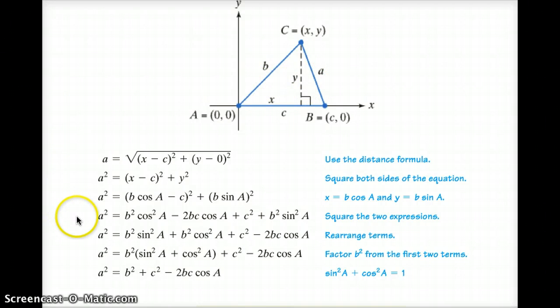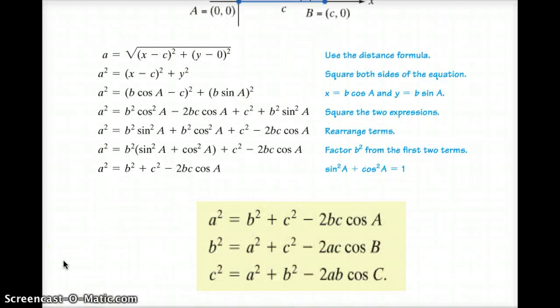Again, I do the algebra in this step. I also noticed that I could factor out a b squared, and we know this identity, sine squared plus cosine squared is equal to 1. And then lo and behold, here at the bottom, I have one orientation of the law of cosines.